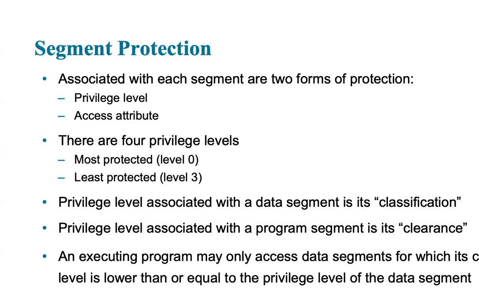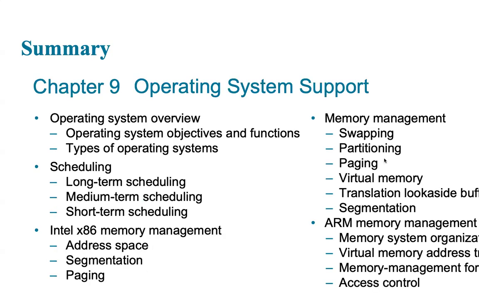This gets a little bit complicated here. Let me pause for a minute, and I'll go back to the contents for this chapter and see if anybody has any comments or questions on what we have addressed so far. We talked about operating system overview. We talked about scheduling, those three different schedulers.